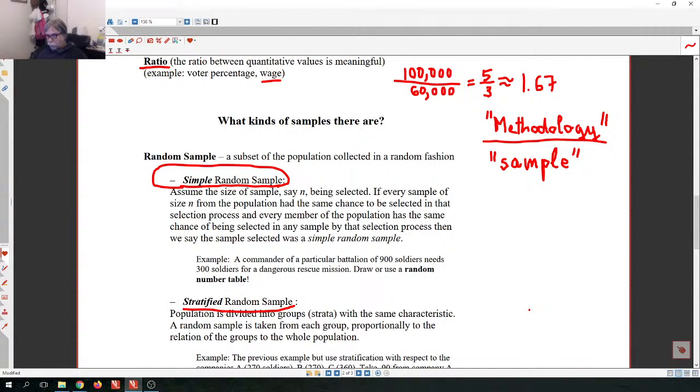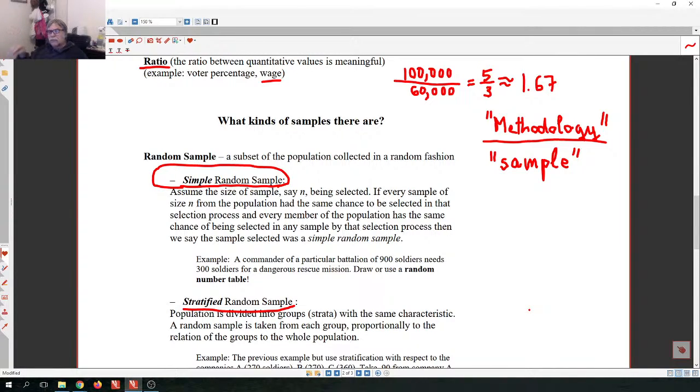So again, let me repeat this. A simple random sample has the following properties. Every single item in the population has the same chance to be in your sample as any other. Any two have the same chance to be in your sample as any other two. And on you go, up to whatever the size of the sample would be.